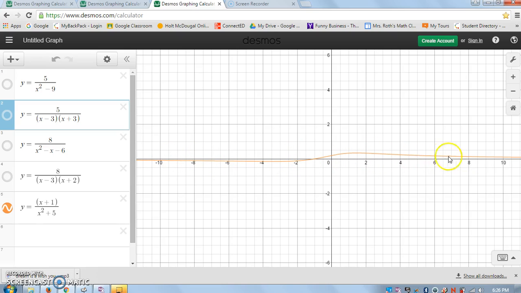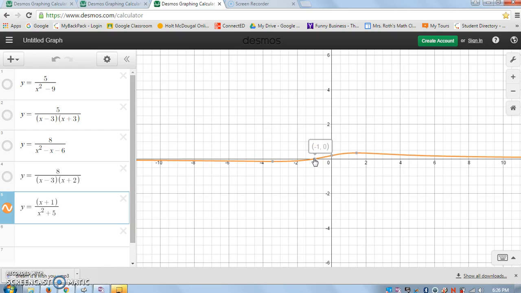The graph is approaching 0. Check that out. Even though it crosses 0 right there. So when x is negative 1, y is 0. So that point right there is negative 1, 0, and that is totally on the graph.